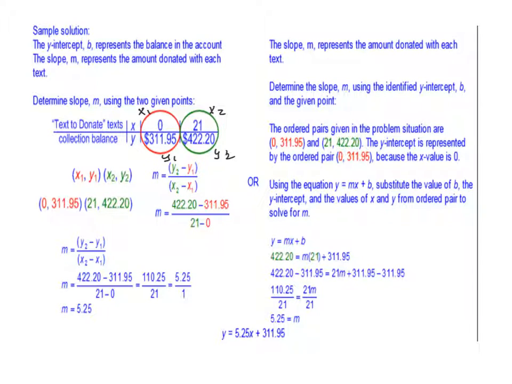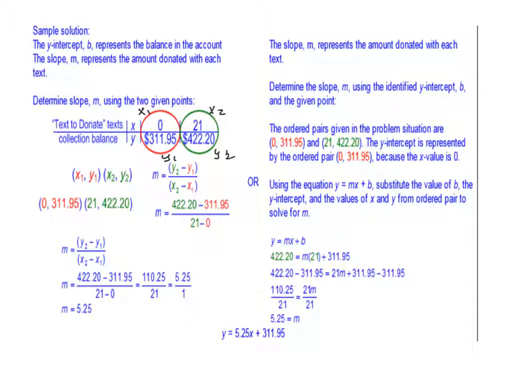Now, you notice the second method that the author gave us is, since we knew what y was and we knew what b was, we knew those already from what they've given us in the problem, then we can take these two, substitute them in our formula, and from there, because now we're trying to solve for m.